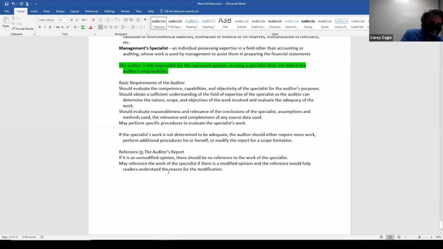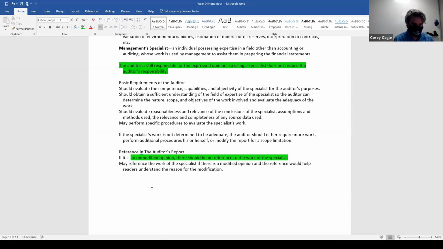And what about in the auditor's report? If it's an unmodified opinion, no reference to the work of the specialist. If it's a modified opinion, we could reference the specialist, but only if it would help the readers understand why we modified the opinion. So very specific instance when we would reference the specialist in the report. But most of the time, no, we would not.